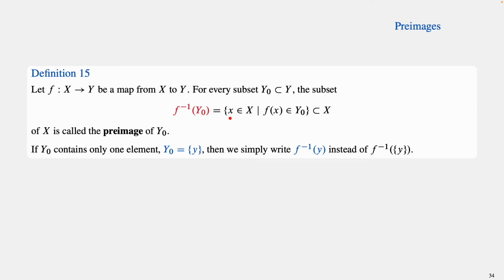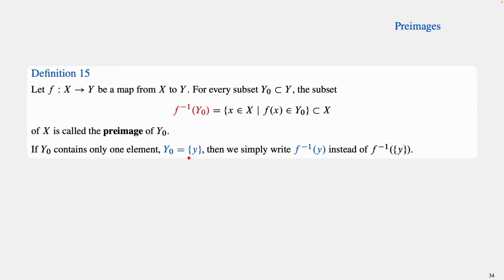And this is the set of all x's in the domain of f such that this x gets mapped into the subset Y0. And this pre-image is a subset of the domain of f. So it's a subset of the input set.